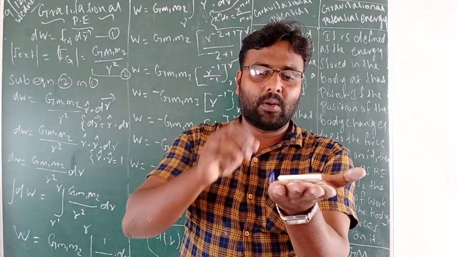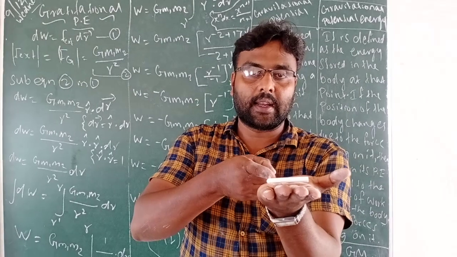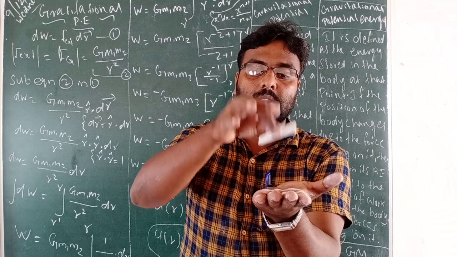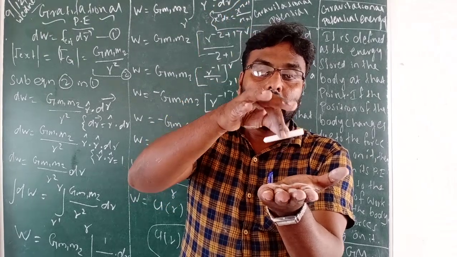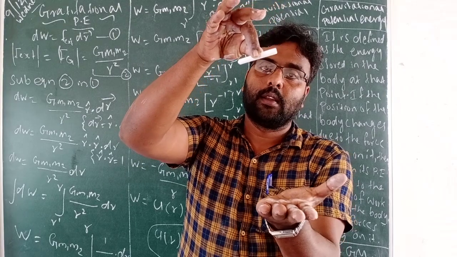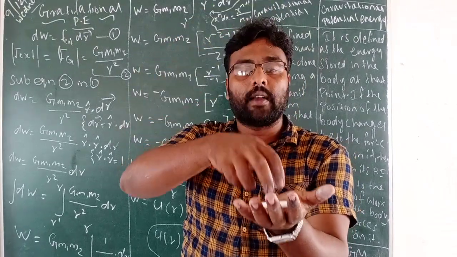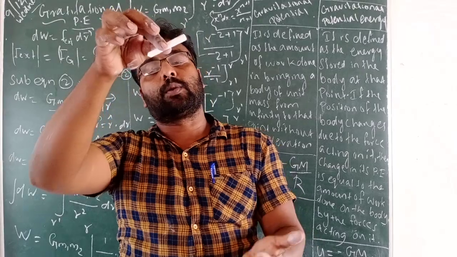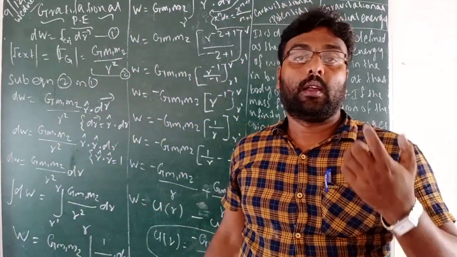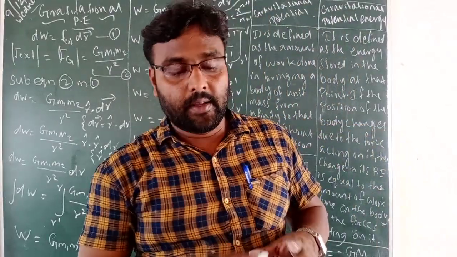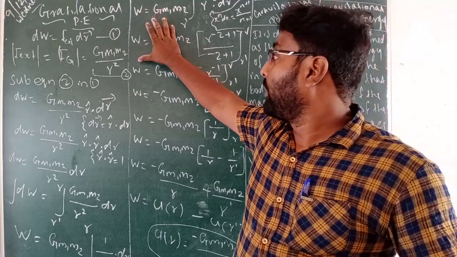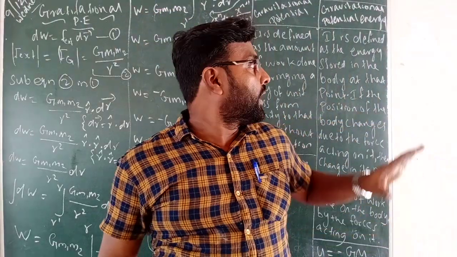Simple thing. Here one object is there, it possesses potential energy. Now we are applying the force. This force is the reason why the object changed its position. So now some work is done to bring this object. So this is equal to the gravitational potential energy.